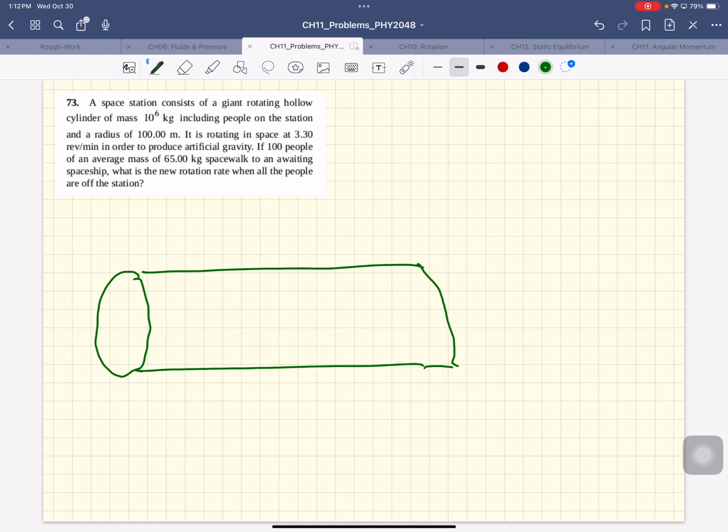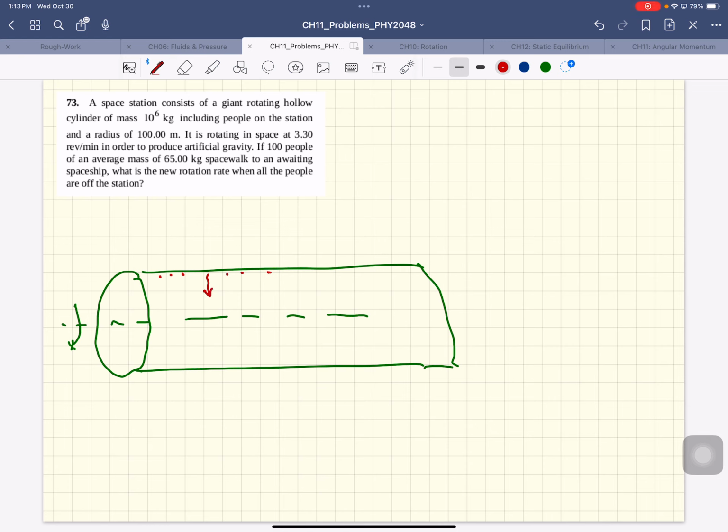will be something like this. There's the axis of rotation. You would be rotating like that, and people would be living on the inside surface. If the space station is rotating, the force acting on them would be like this.